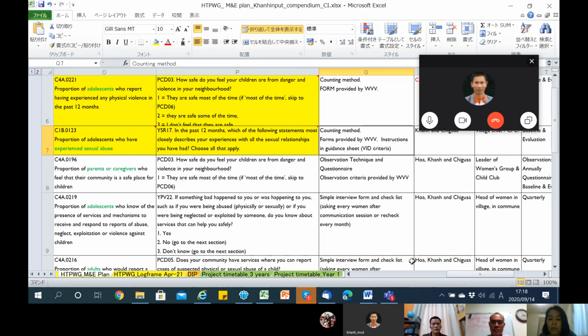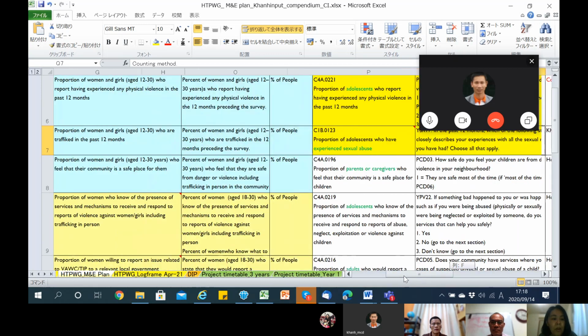So when we say the number of cases reported, that means the cases that the CPC has received. So reported means official, right? Yes, the official case. That's the reason why.